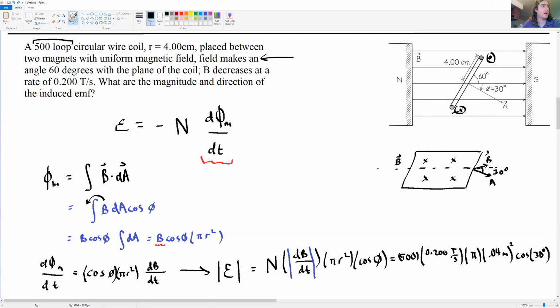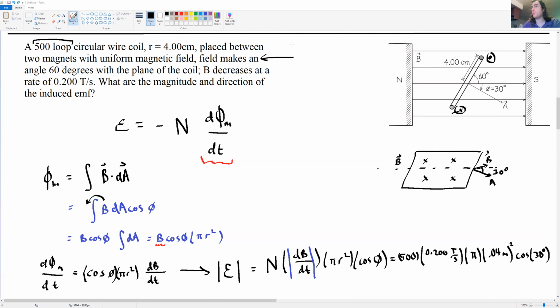And now I'm ready to punch this into the calculator. So go ahead and follow along with me if you weren't able to calculate it before. So 500 times 0.200 times pi times 0.04 squared times cosine of 30 degrees.